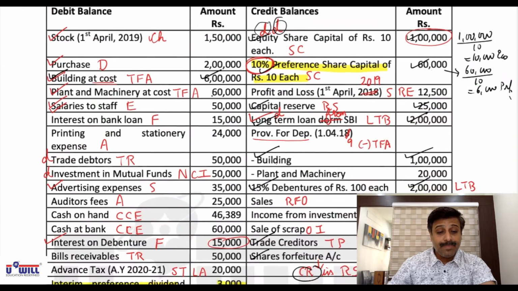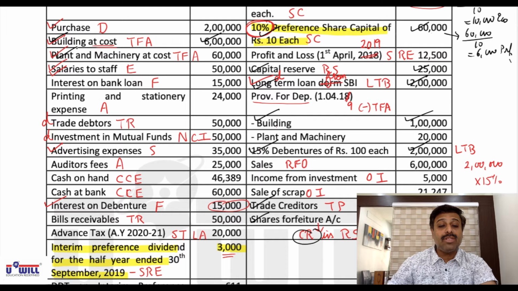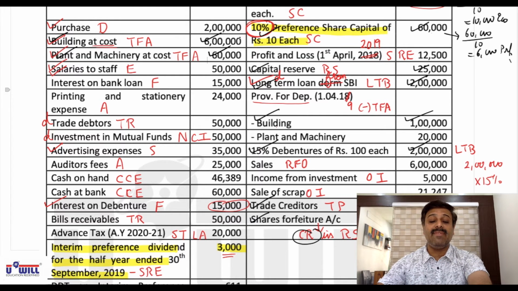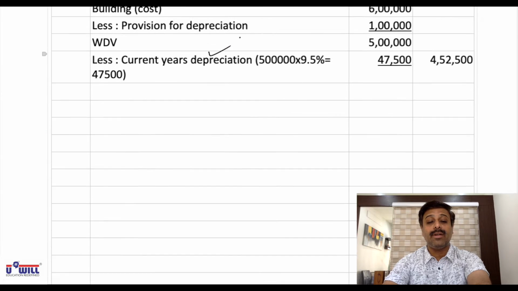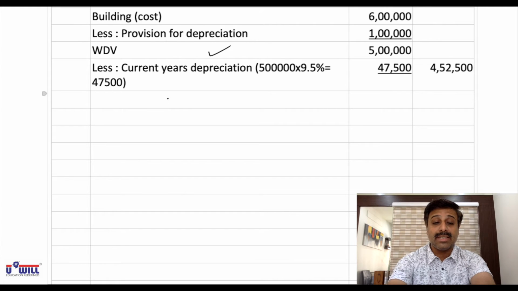So building is done. Exactly the same way we have to do it for the other fixed asset, plant and machinery. Plant and machinery at cost is 60,000. So write down plant and machinery at cost 60,000.